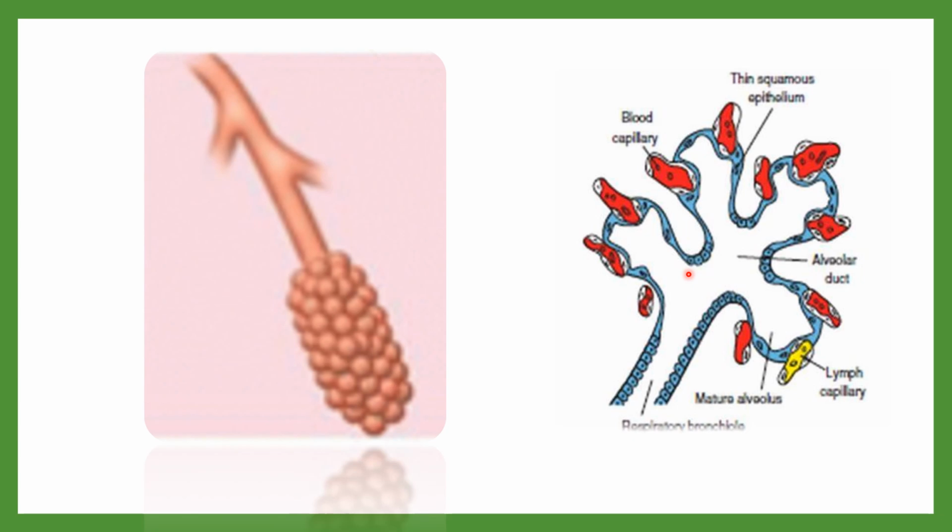In the third stage, the blood capillaries pierce the alveolar sac and supply it, and this converts the cuboidal epithelium into flat cells, and the surfactant appears. So these are the three stages of development of the lung seen in this video.